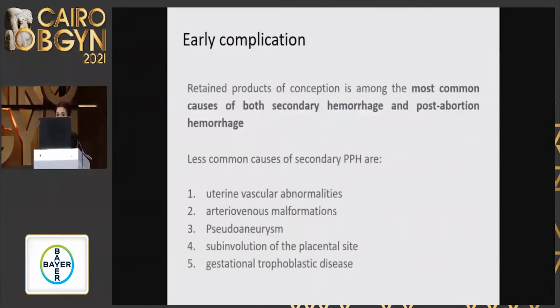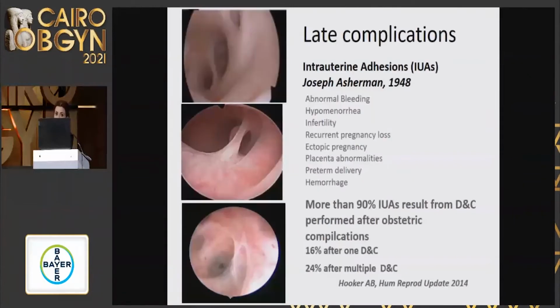We can have an early complication, which is hemorrhage. It's very important to make a differential diagnosis with uterine vascular abnormality, arteriovenous malformation, pseudoaneurysm, subinvolution of the placental site, and gestational trophoblastic disease.